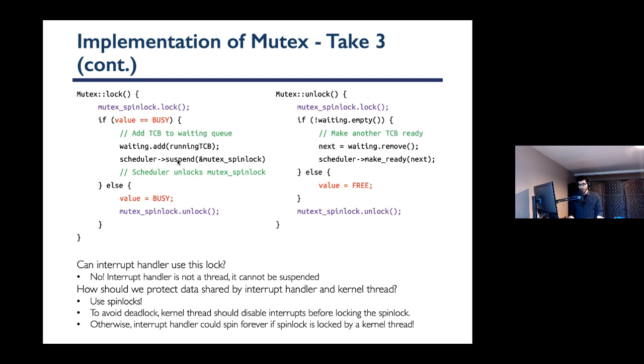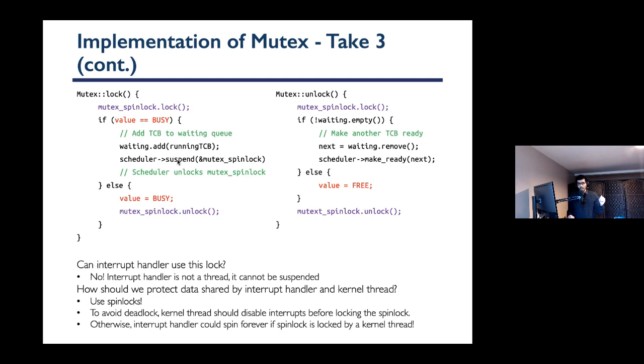To avoid that, every time we lock a spin lock, we have to disable interrupts. We have to make sure that an interrupt cannot happen after we lock the spin lock.